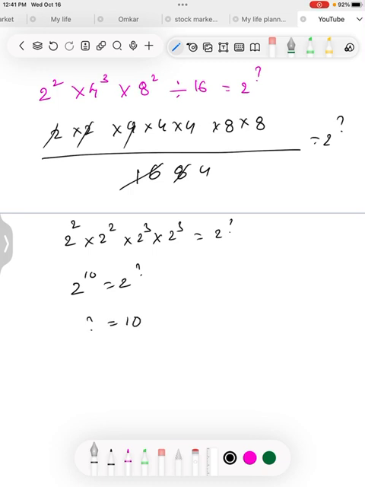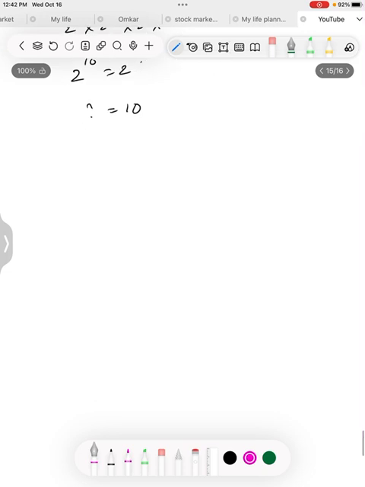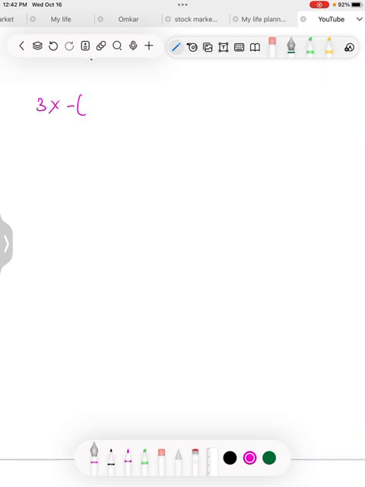Don't complicate the question. Numerical ability questions are very direct questions. You can solve them very easily. See, in this way. Let us go to another question. And here you can see 3x minus 1 by 2 of 80 plus 60% of 50 is equal to 110, right?